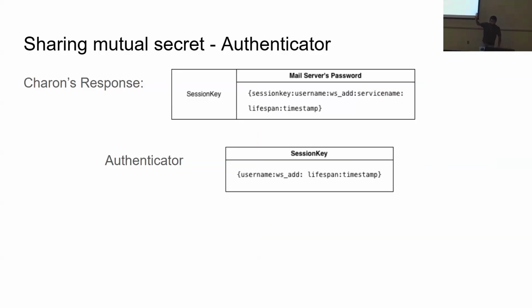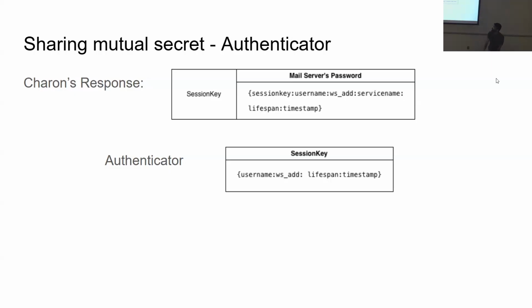Instead of just sending the mail server's ticket, whenever Bob requests a ticket for the mail server, Sharon would respond with a session key, which is not encrypted with the mail server's password, and the ticket itself is updated with a session key.